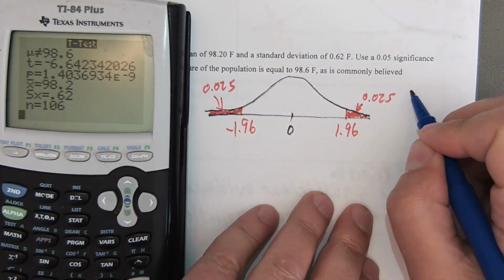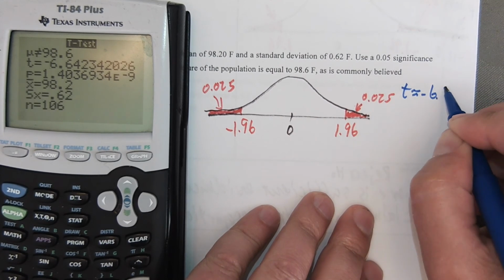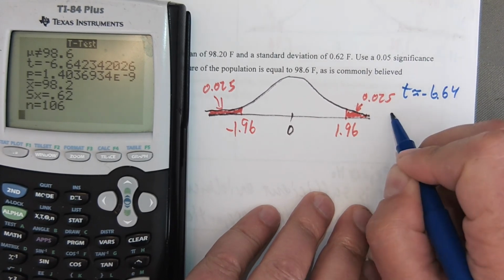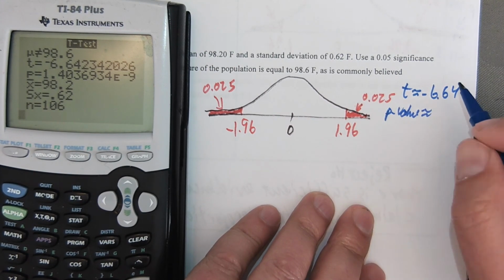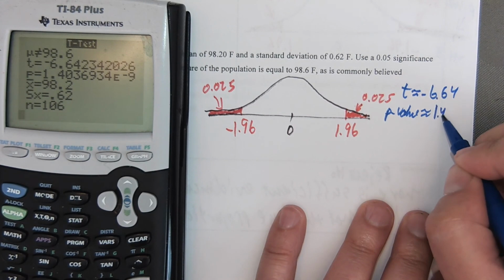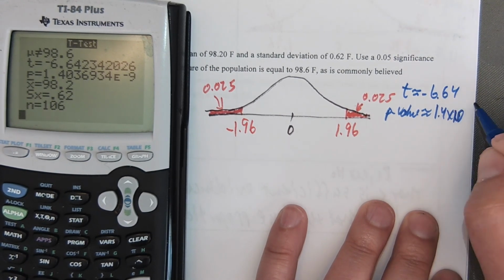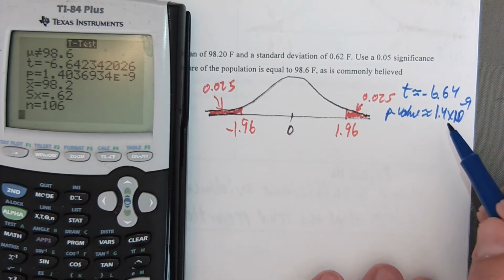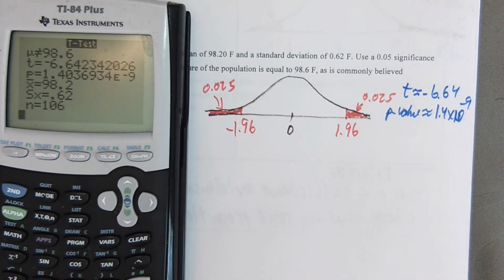So this says that our test statistic, t, is negative 6.64. And the p-value, the way you would read this, is 1.4 times 10 to the negative 9th power. That actually means I'm going to move that decimal 9 places this way, which means it's a super, super small number.